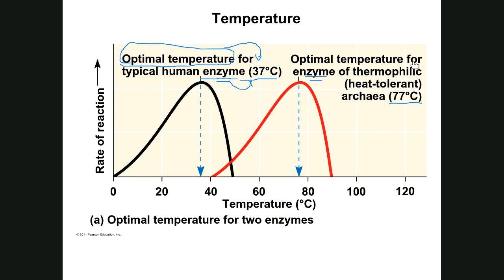But as technology improves, scientists came to discover there are living organisms, and granted they're unicellular prokaryotic organisms, they still function as individuals like you and I. And what they came to find out is that these living organisms lived at very high temps.